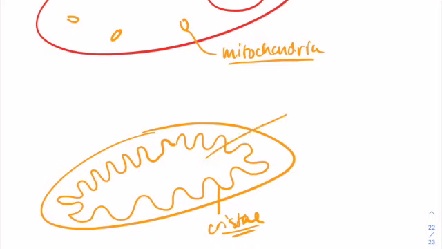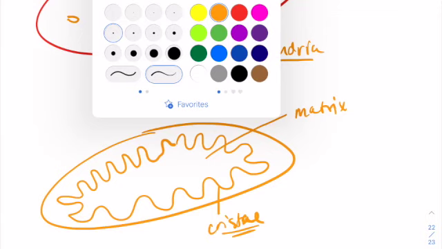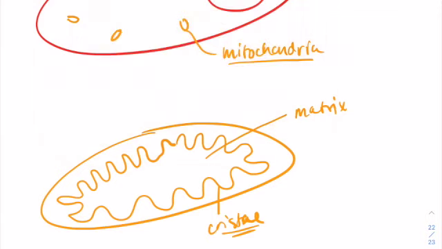In here is the matrix of the mitochondria, just the space inside. Inside the matrix, you've got little pieces of DNA and you've got ribosomes, so I'll draw some ribosomes and DNA in there.